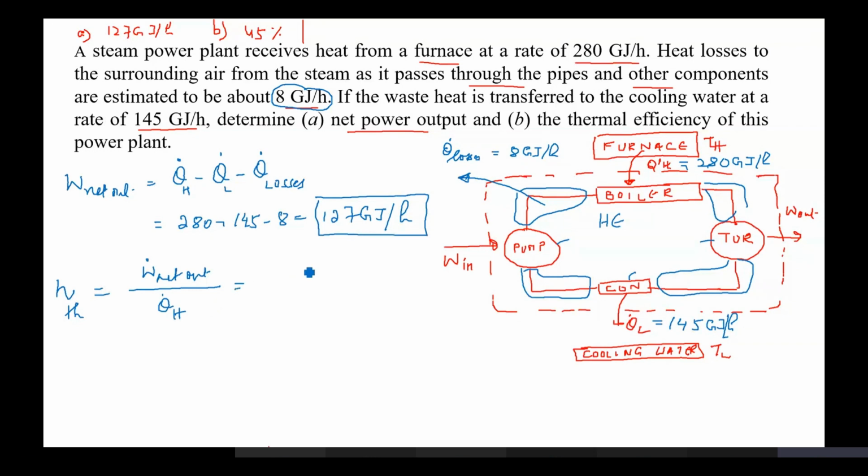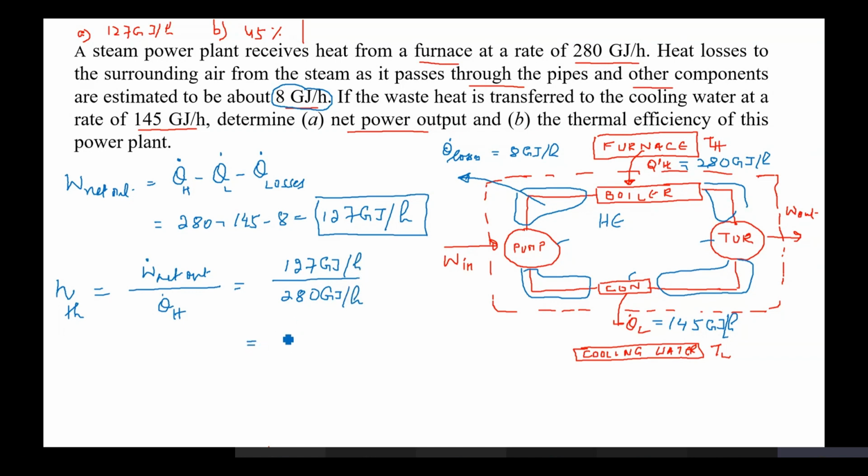So 280 gigajoules per hour is the energy coming into the system, and out of this, the net work output is essentially 127 gigajoules per hour.